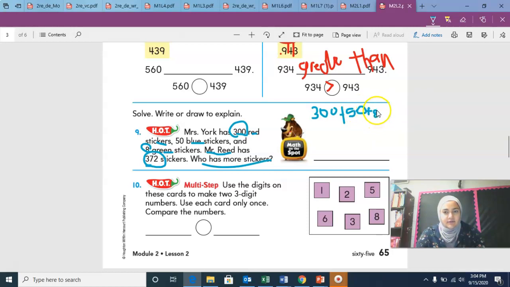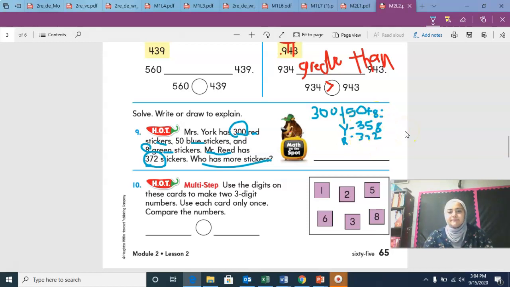This is expanded form. When we put this number together, 300 plus 50 plus 8 is 358. So Mrs. York has, I'm just going to write Y for York, 358 stickers. Well, we said Mr. Reed has 372 stickers.